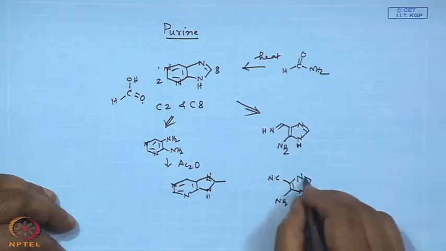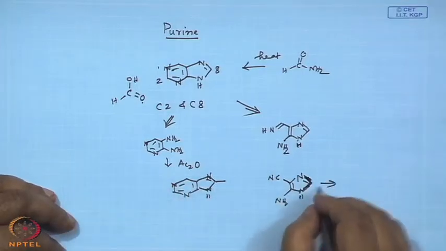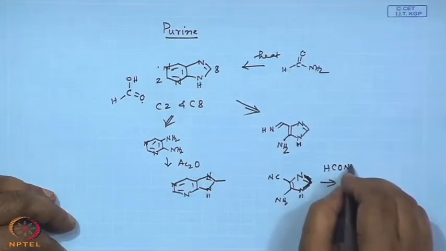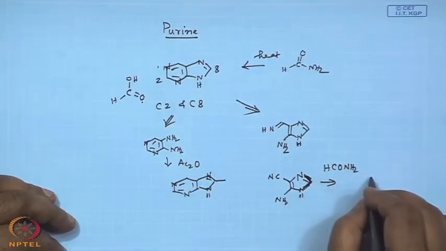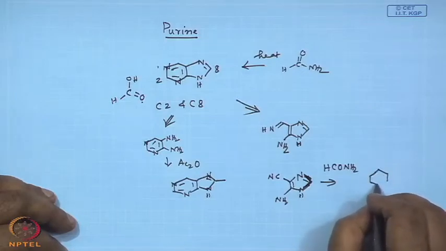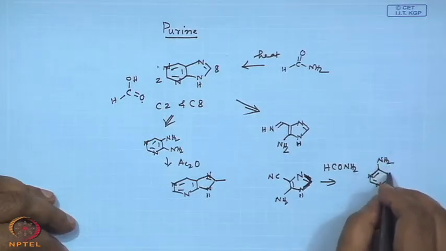Sorry, I made a mistake here, this is a 5-membered ring with a double bond up here. And of course, what I said, C2 is equivalent to formic acid. In this case, if you use formamide, you will get the substituted purine, right. You have an extra amine group that would incorporate one NH2 group here.